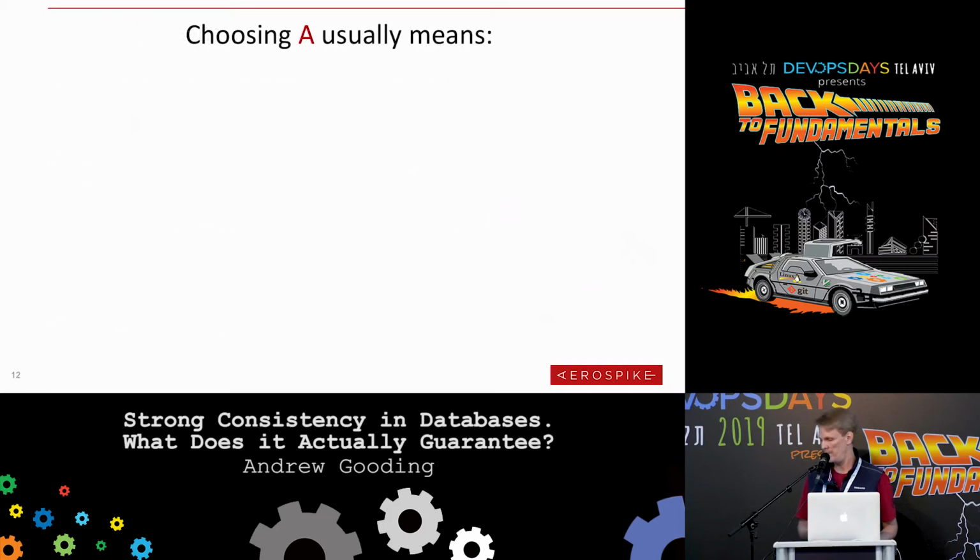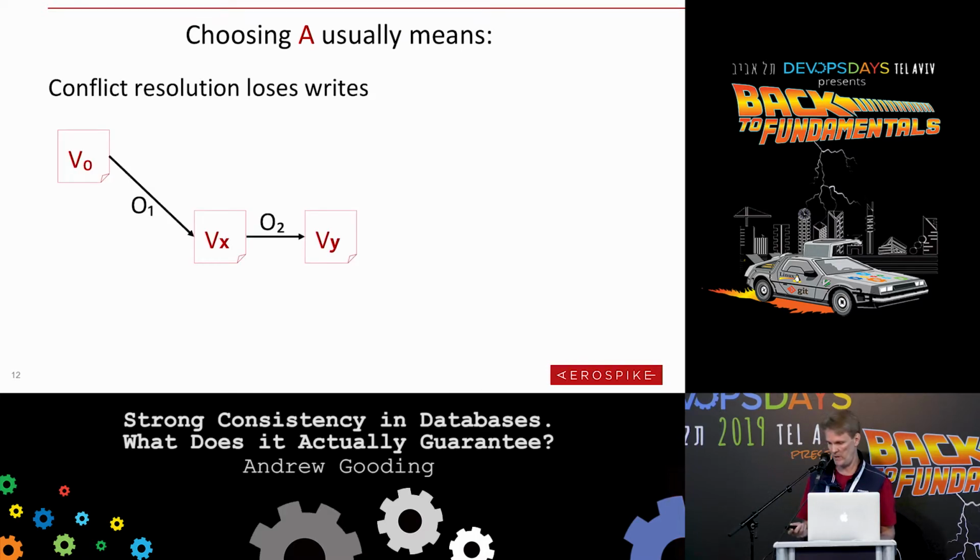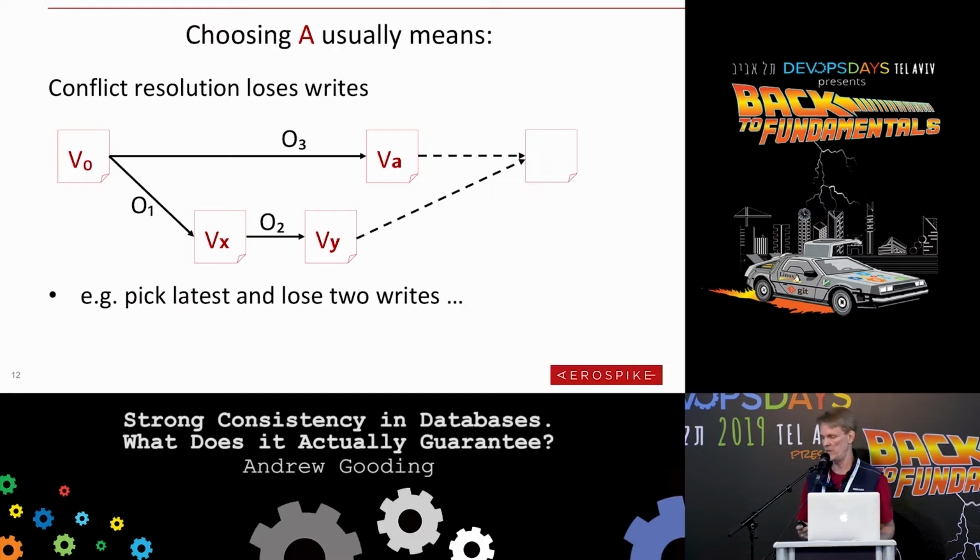So if you're going to choose a high availability system, maybe you have all these fancy CRDTs and so forth, and you can get your eventual consistency. But what it usually means is that people are choosing to lose writes. So again, back to a simple split scenario, you generally end up with much simpler merge schemes when the cluster mends itself.